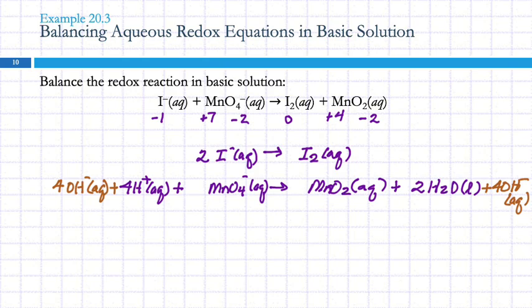Now I want to simplify this a little bit. So hydroxide ions and hydrogen ions together make water molecules, right? So what I'm going to do here is, instead of writing those guys like that, I'm going to write 4H2O liquid.